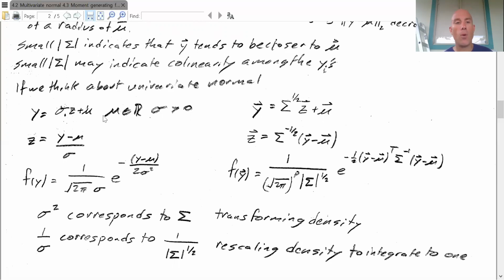Here, this is the square root of the variance, and this is the square root of the covariance matrix. Z is equal to y minus mu over sigma, with the square root of the variance on the bottom. And Z is equal to the square root of the covariance to a negative exponent times y minus mu.